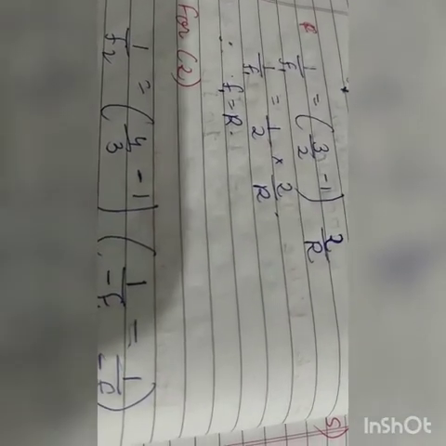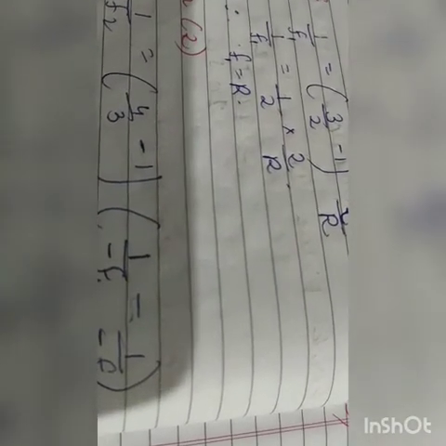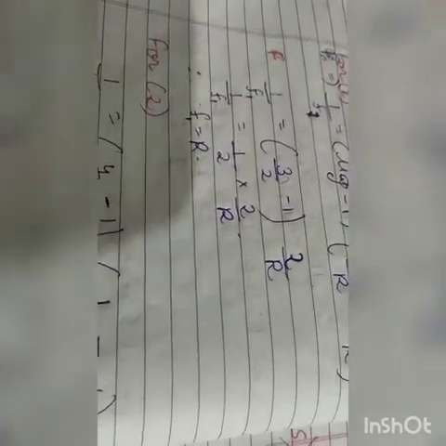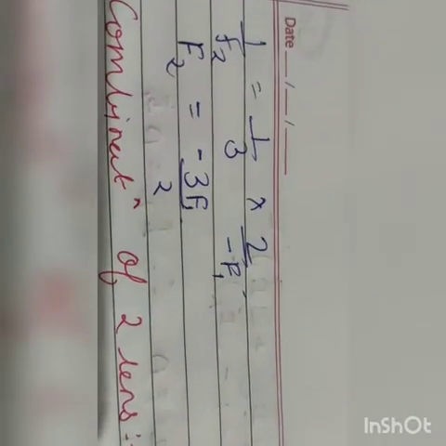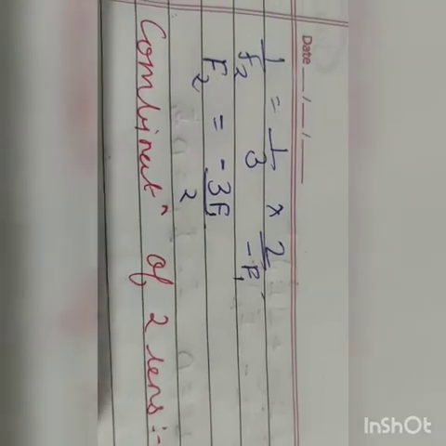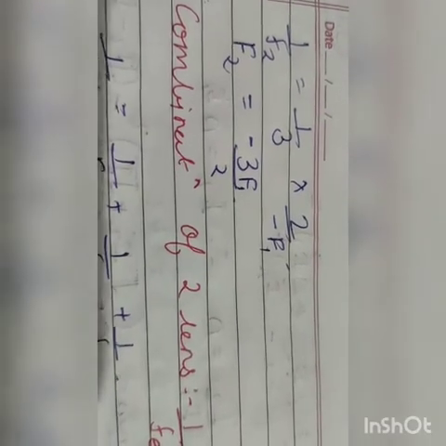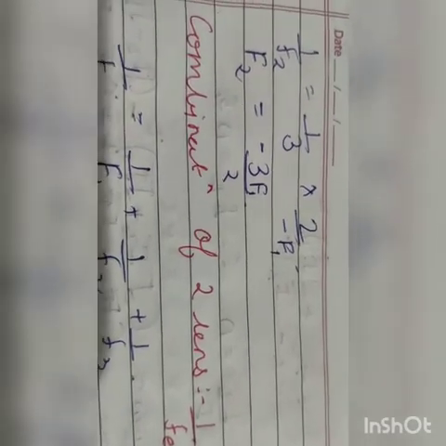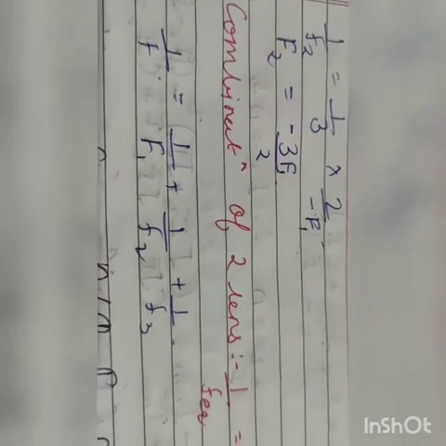For f2, the liquid lens, 1 by f2 is equal to 4 by 3 minus 1 into 1 by minus f1 minus 1 by f2, as here it is written f1 is equal to r. So 1 by f2 is equal to 1 by 3 into 2 by minus f1. So f2 is equal to minus 3 f1 by 2.